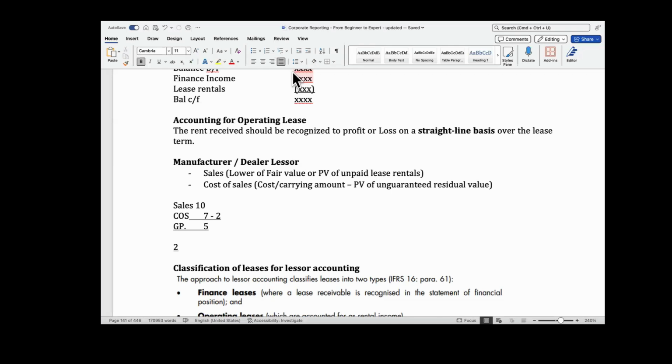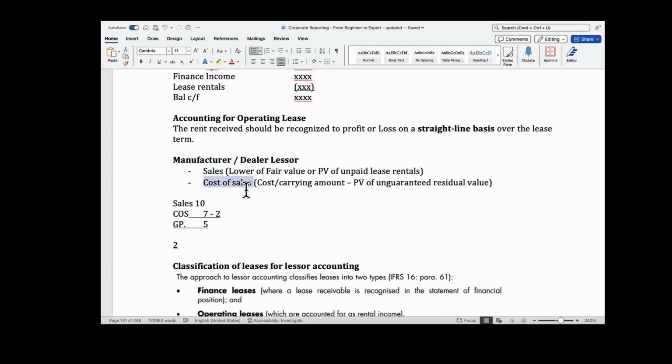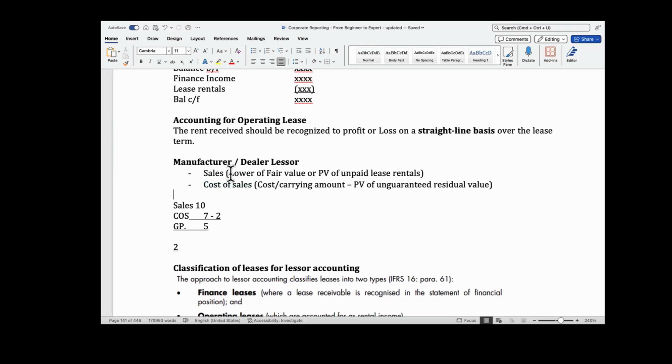We are saying that in addition to that, he must also determine a gross profit. He must assume that that item he actually sold it by recognizing sales and cost of sales. What he recognized as sales is the lower of fair value or PV of unpaid lease rentals. What he recognized as cost of sales is cost or carrying amount minus PV of unguaranteed residual value.